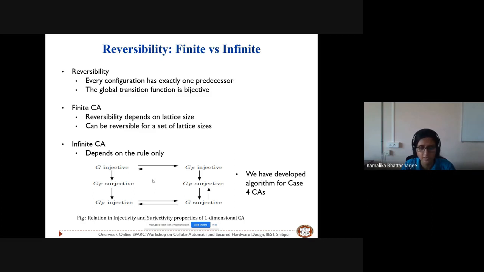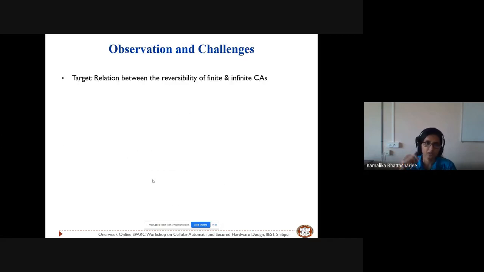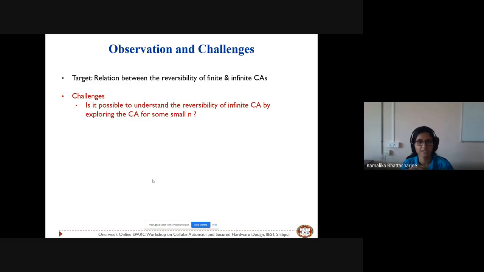Now, what can be the relation between these two cases, these four cases rather? So our target is to find whether there is some relation between the reversibility of finite and infinite CAs. Challenge: is it possible to understand reversibility of infinite CA by exploring the CA for a small size?